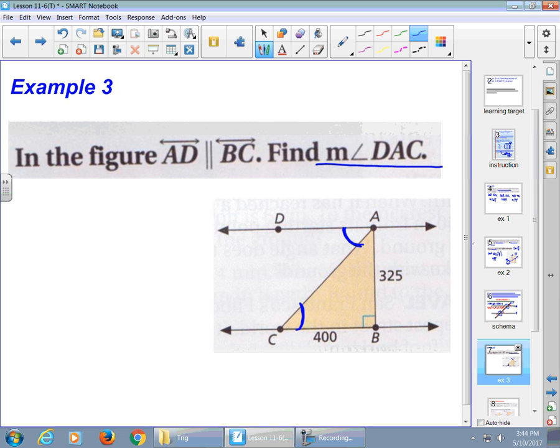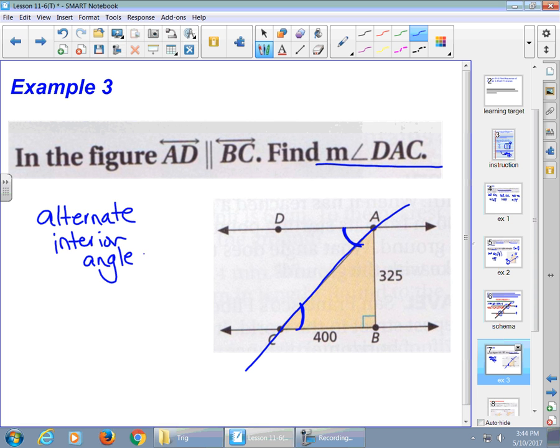I know that because these two angles are what we call alternate interior angles. So they are congruent to each other. And angle ACB is inside the triangle, which is what I want.